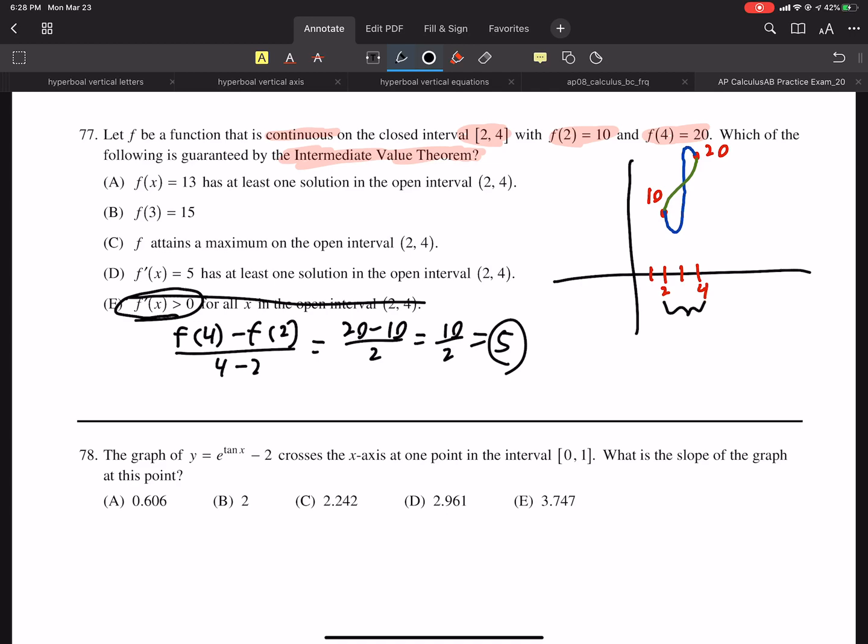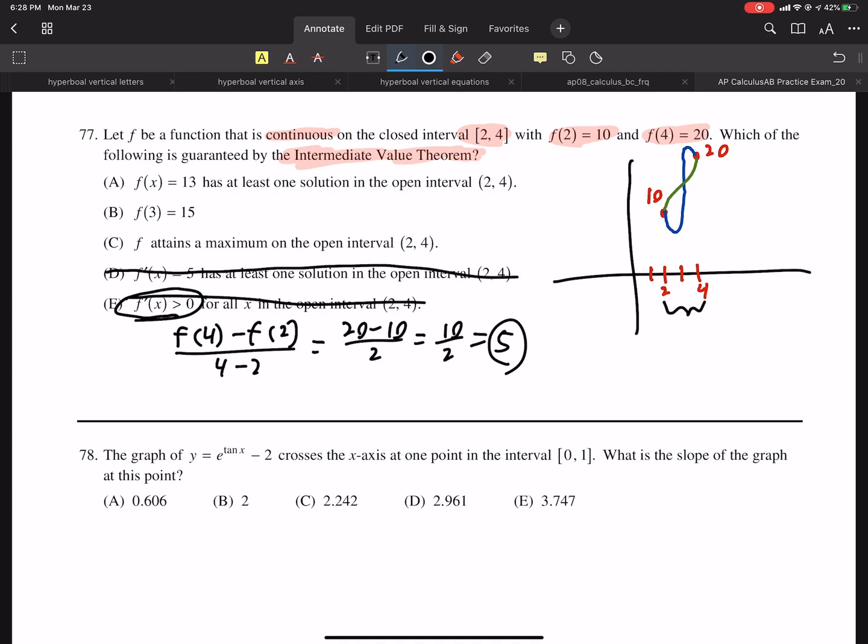But first of all, that's not intermediate value theorem. And secondly, the mean value theorem requires differentiability between the endpoints, and we don't even have that. So for 2 reasons, this is out.